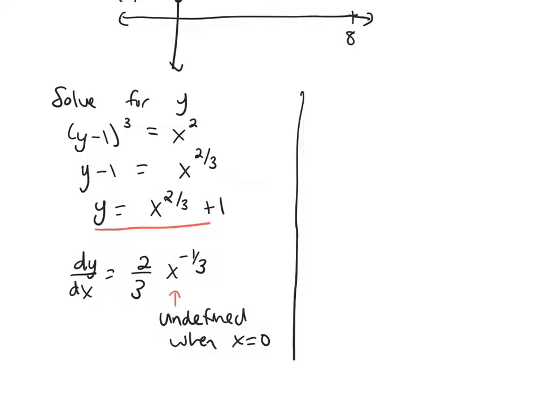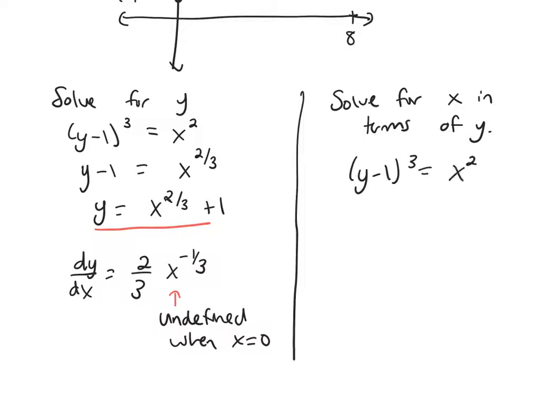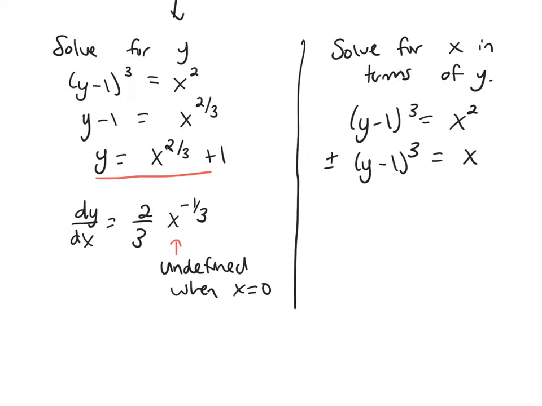So what we should do instead is solve for x in terms of y. Take our equation and take the square root of both sides, and you get plus or minus y minus 1 cubed. We're going to choose the positive one.